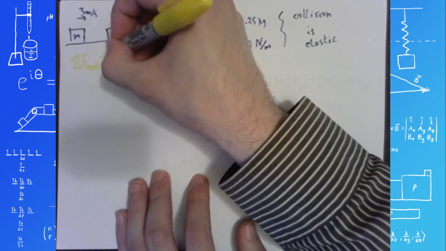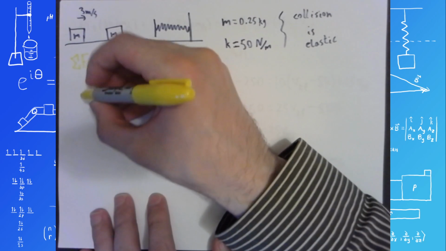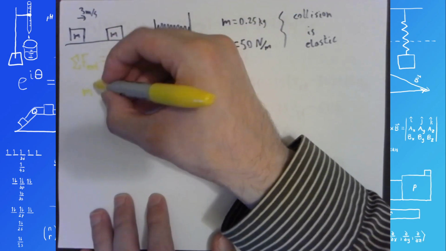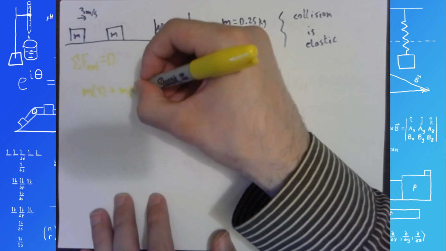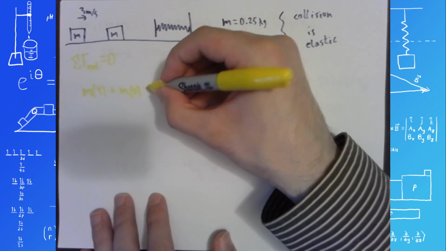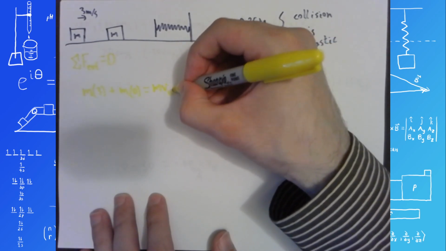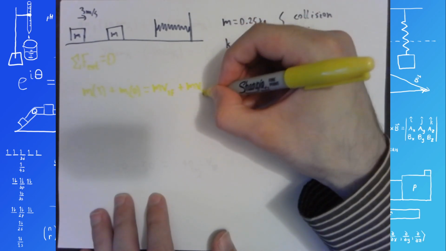We can justify using conservation of momentum here. So we can say m times 3 plus m times 0 equals m times, I guess we'll call it V1 final, plus m times V2 final.